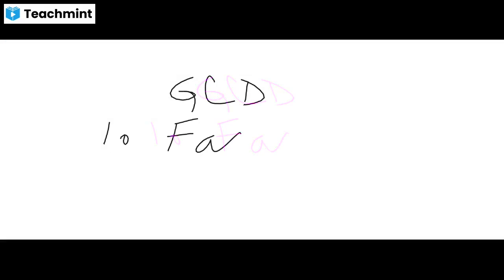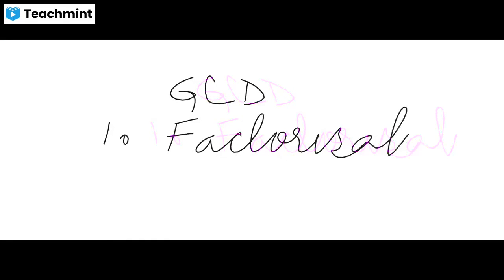So we saw the main points in this GCD. First thing, factorization. Without factorization, we cannot find GCD.